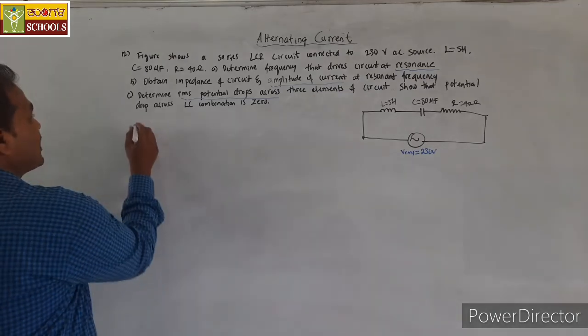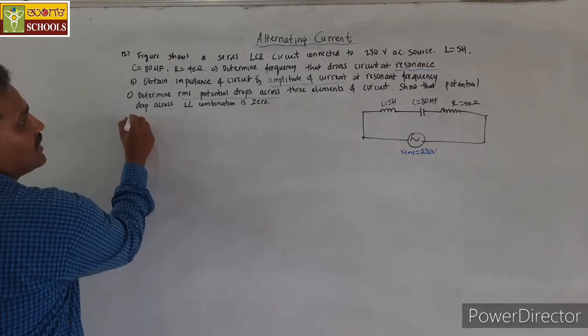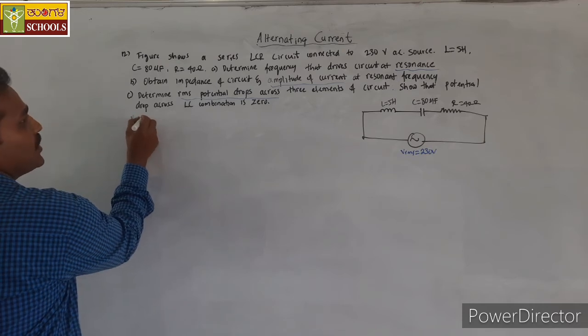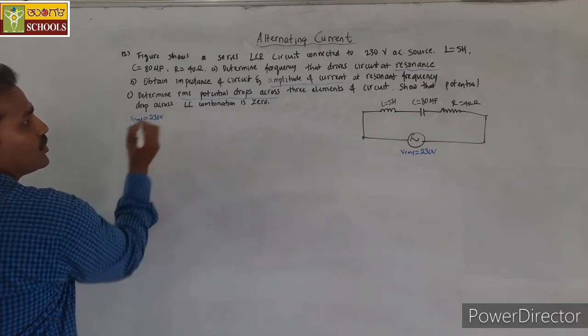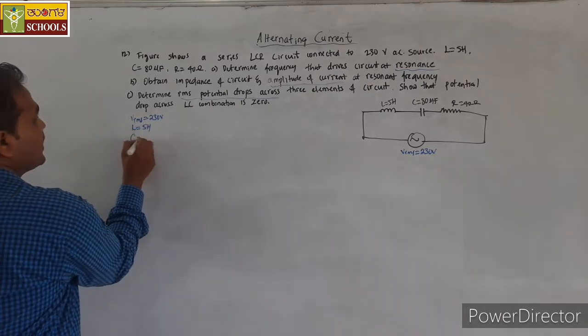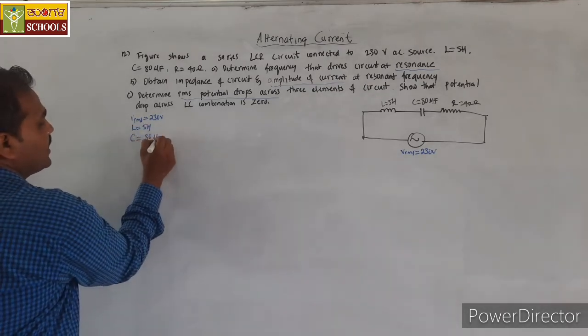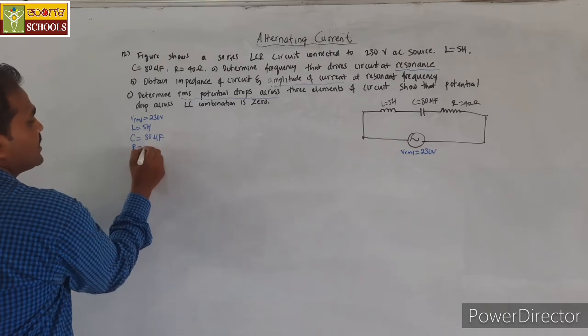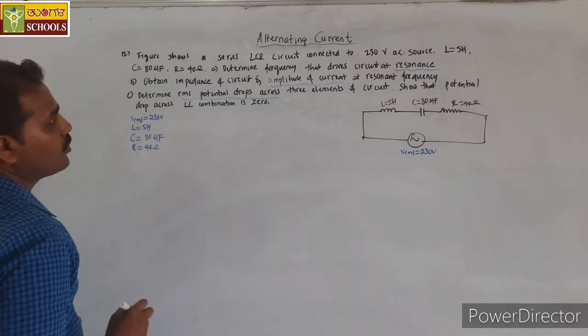First let me write down the data given. V RMS is given to be 230 volt. Inductance L is equal to 5 Henry, capacitance is equal to 80 microfarad, resistance R is equal to 40 ohm.